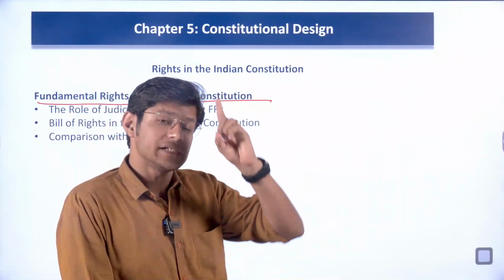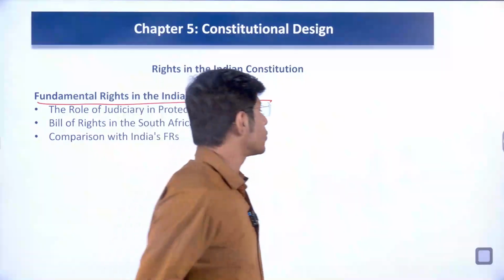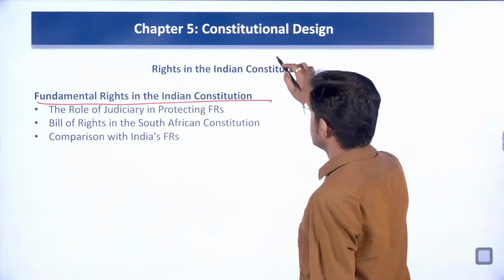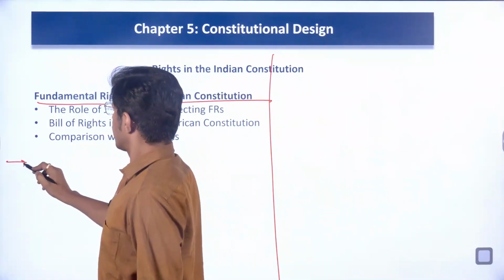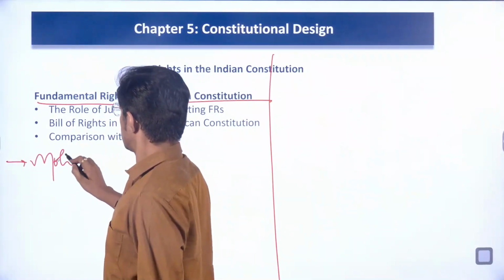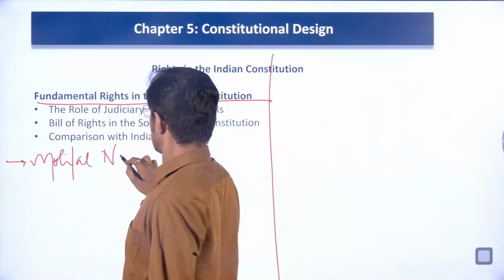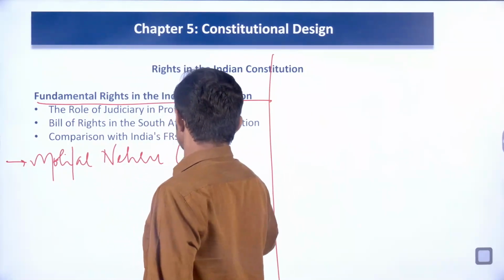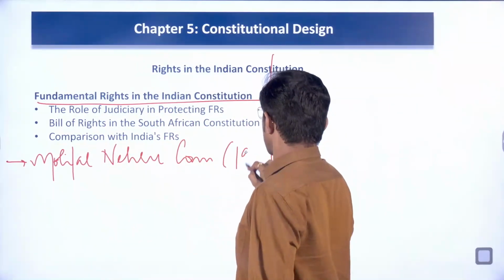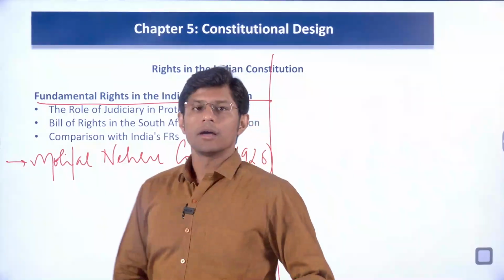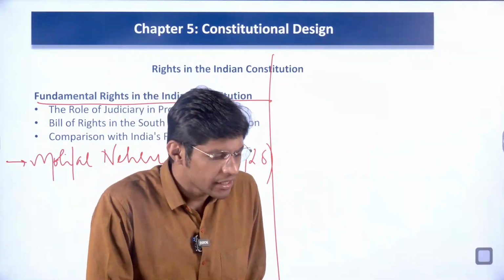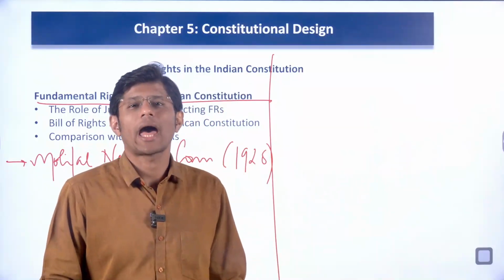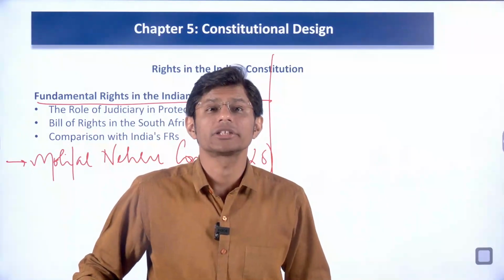We discussed in 1928 the Motilal Nehru Committee. This committee called for a Bill of Rights, which means it stressed that the Indian people should have rights, that is legal protection for citizens.